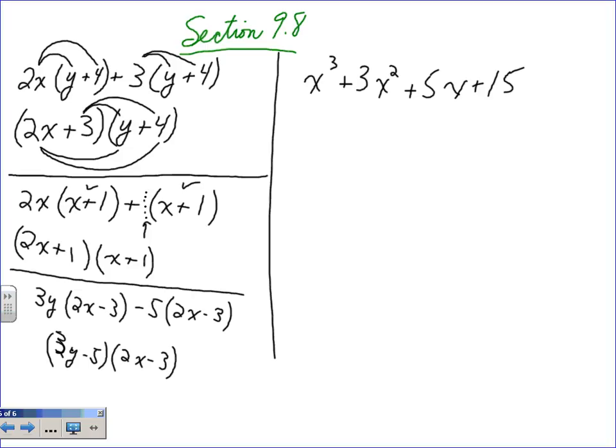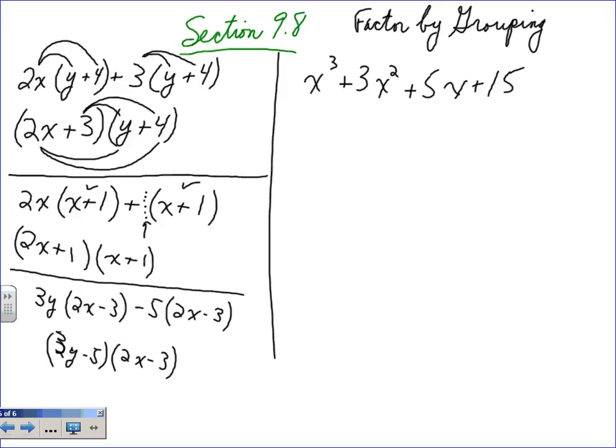Now you notice when we've been factoring, maybe they have 2 terms, maybe they have 3 terms. Now we have 4 terms. So what we want to do is factor this by grouping. Okay? That's what this is called. The 3 examples I gave you over here on the left is an example of factoring by grouping.